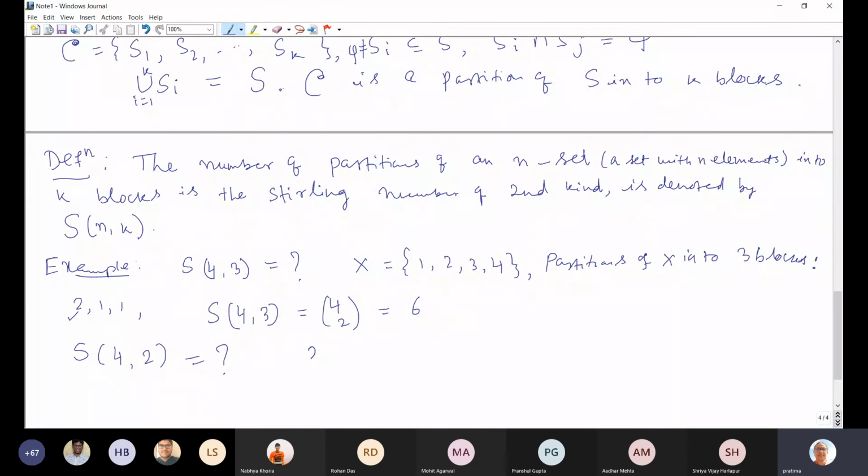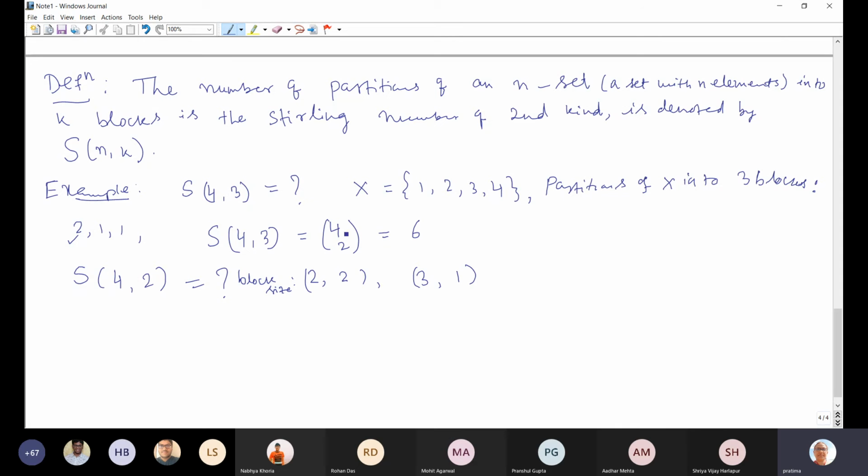The block sizes will be either 2, 2, or you may have 3, 1. These are the 2 possibilities of the block sizes.